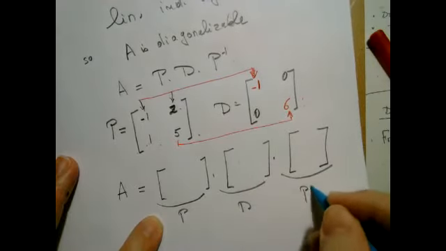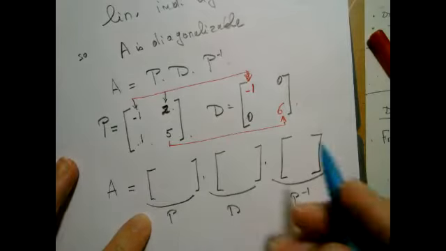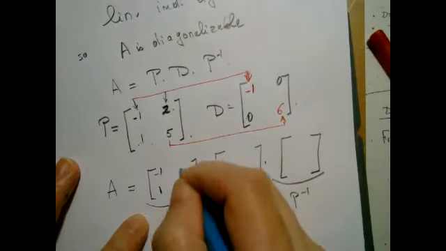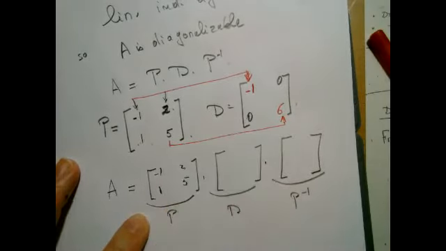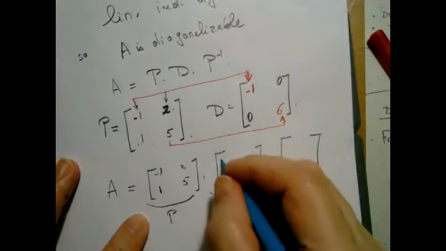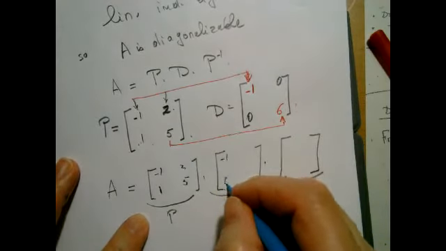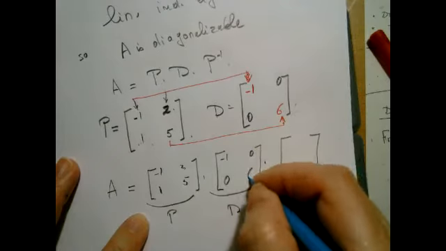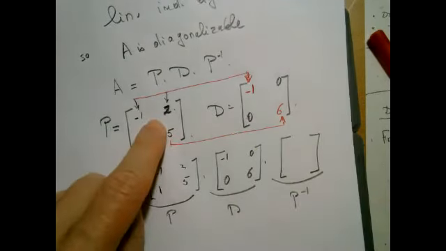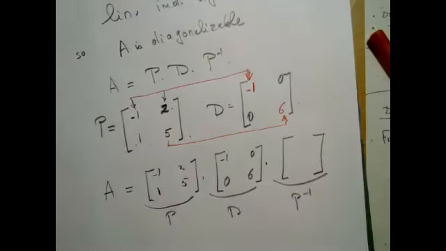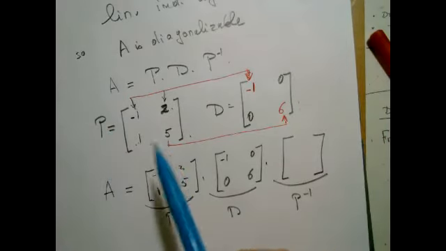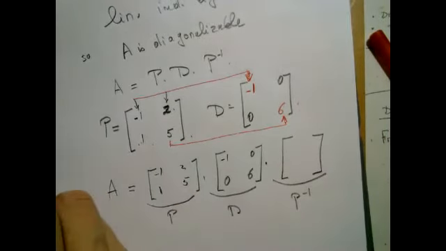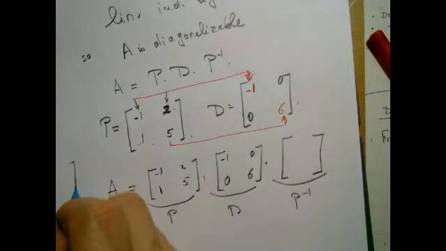Now I will compute P inverse because it's easy. My P here is that, my D is this one, and P inverse is just the inverse of that. If we remember how we find the inverse for a 2 by 2 matrix, it's not really hard. For a 2 by 2 matrix it is 1 over the determinant times the following.